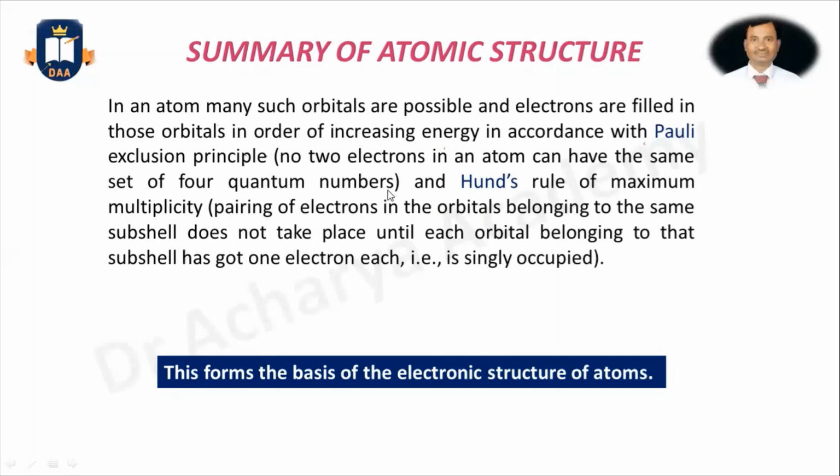And the Heisenberg uncertainty principle and Hund's rule of maximum multiplicity. Hund's rule is related to the pairing of electrons in the orbitals belonging to the same subshell, which does not take place until each orbital belonging to that subshell has got one electron each, that means singly occupied.